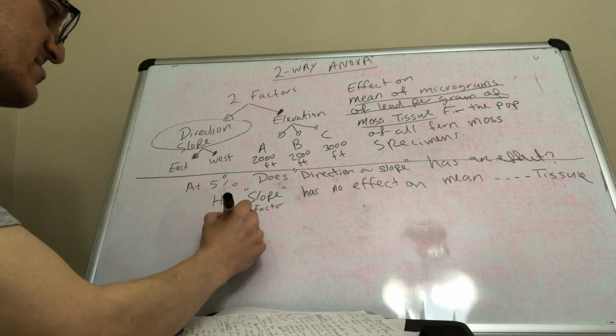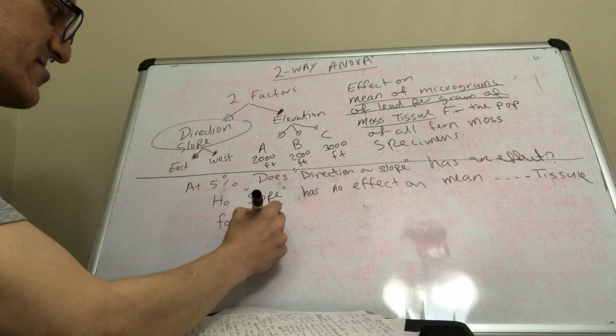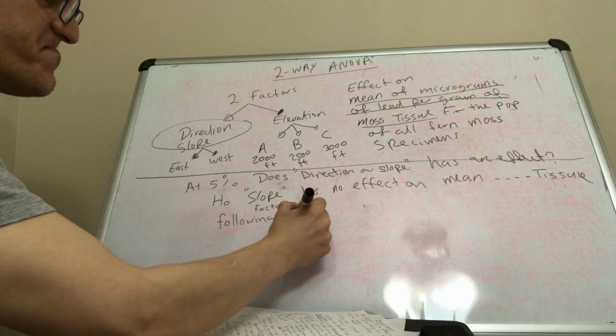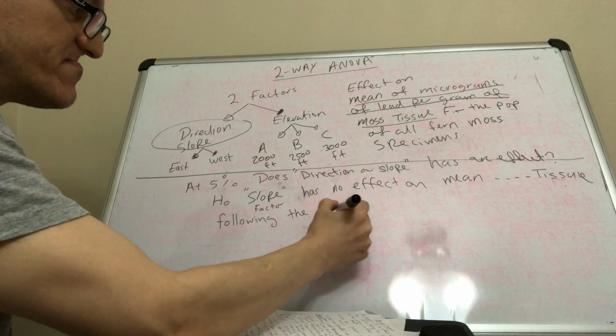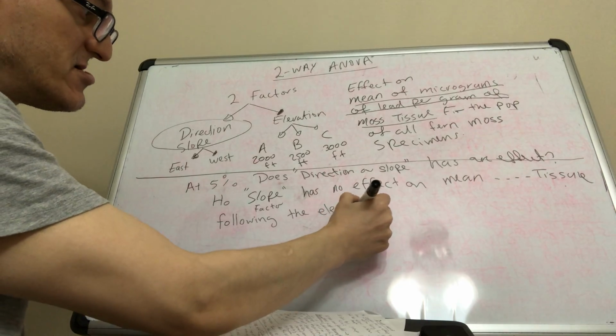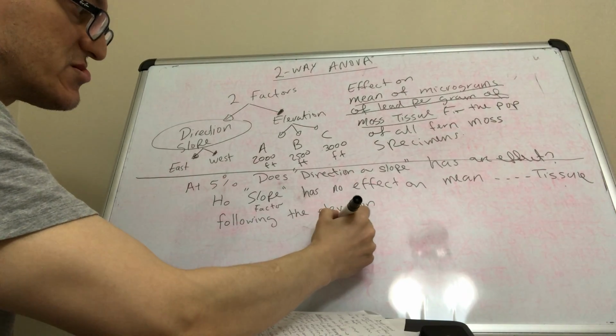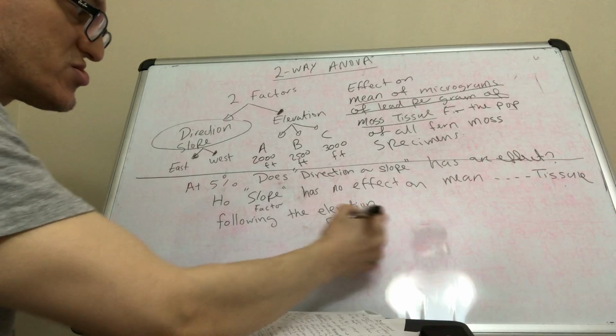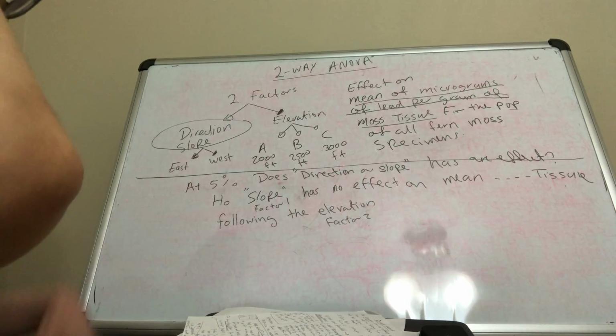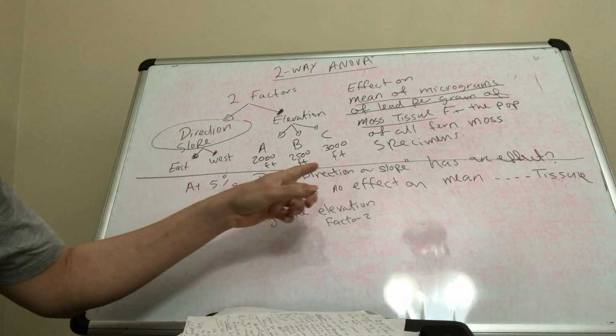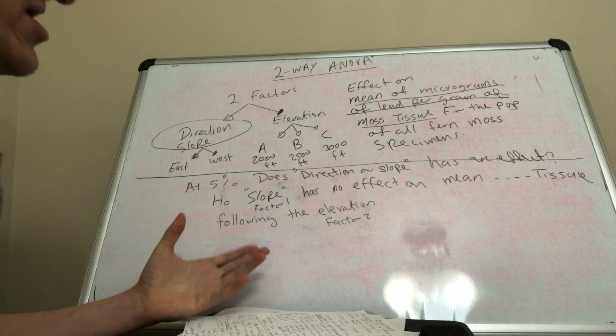Now you have to mention this, following the elevation, which is factor 2. So they ask you about one of the factors, whether it has an effect or not.